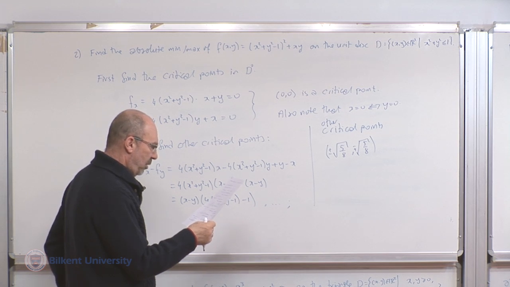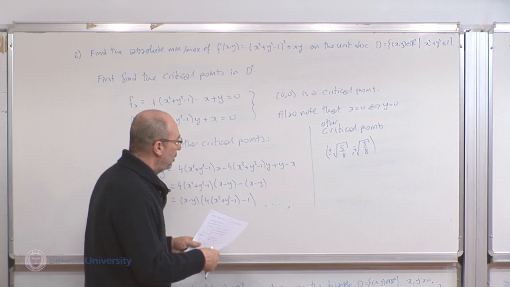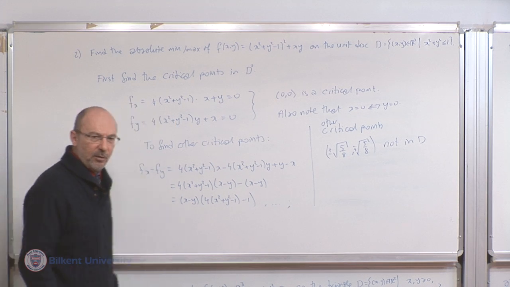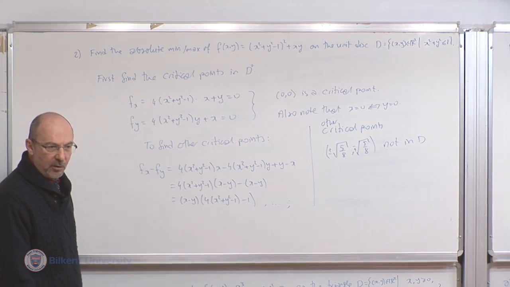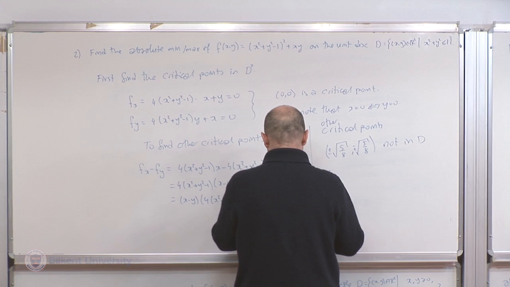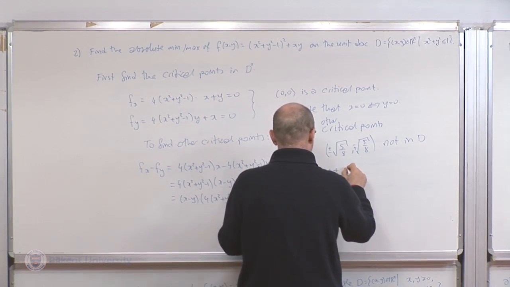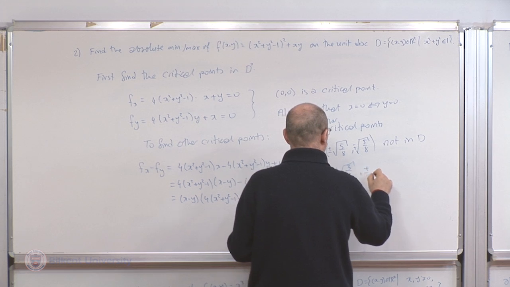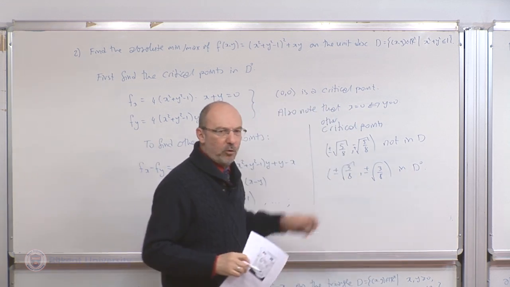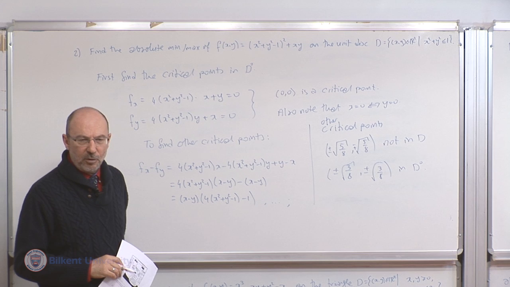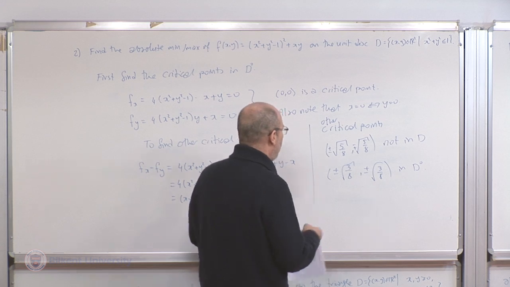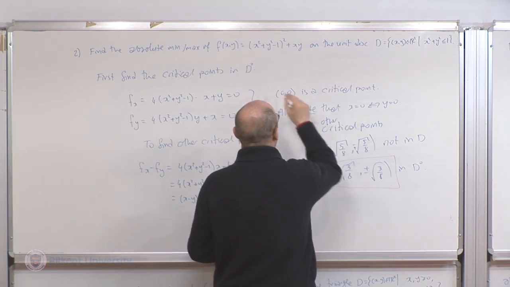So somehow I decided that this is not in the disk, not in D. If you add the squares of these, what do you get? You get 10 over 8, which is not in the unit disk. Then the other ones are plus or minus the square root of 3 over 8, plus or minus the square root of 3 over 8. So these are in the interior, in fact. You add the squares, you get 3 over 8, which is less than 1. So these 2 points are inside the disk. So this one we choose, and this one.